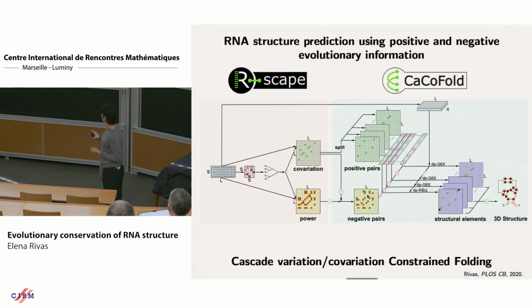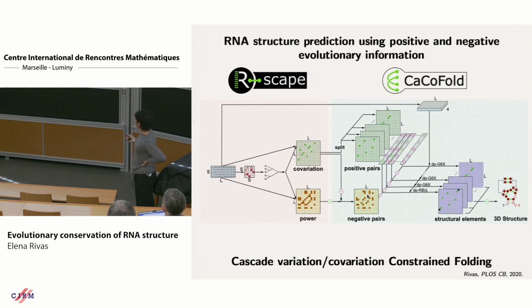So using both of those, you can now make a folding algorithm. This is a folding algorithm that I call CaCoFold, for covariation and variation constraint folding, in which the goal of CaCoFold is to make a structure that includes all covariant pairs and excludes all pairs that are not supposed to be there.